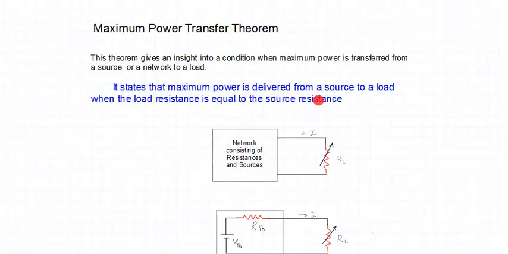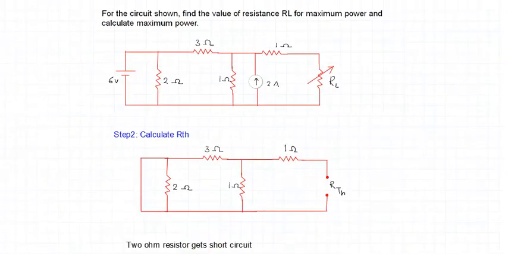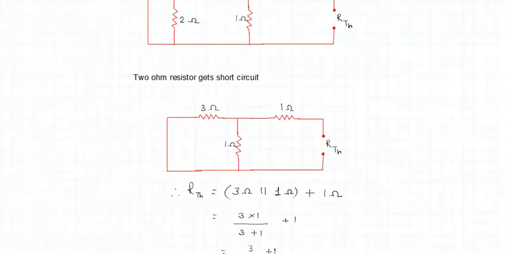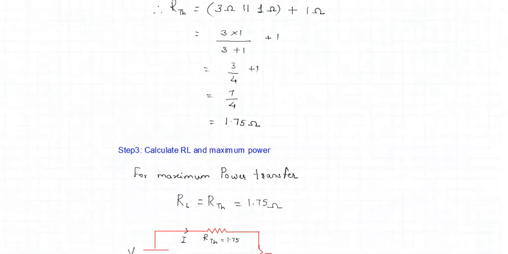And we also derived that when RTH is equal to RL, there is maximum transfer of power from the network to the load. And therefore, by applying this, RL is nothing but RTH, which is 1.75 ohms.